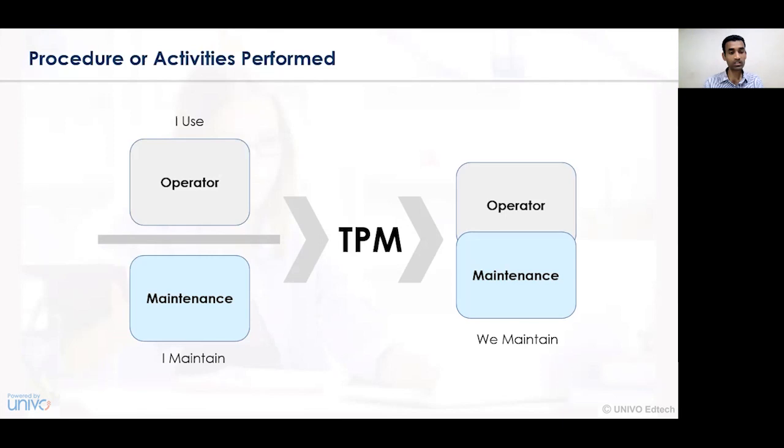And if a certain activity needs to be conducted jointly, then both people come together and perform their activities. Such a scenario, from I to we, is called the concept of TPM, that is, total productive maintenance. So it moves from I use or I maintain to we maintain, and both the operator and maintenance people come together and perform their business activities in a better and more effective way.